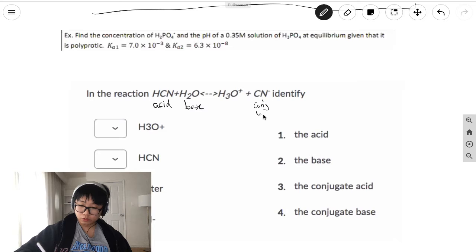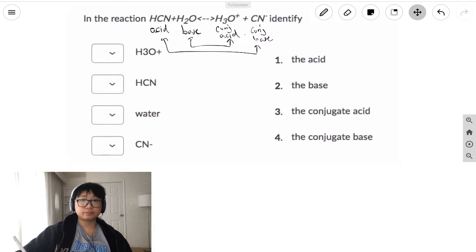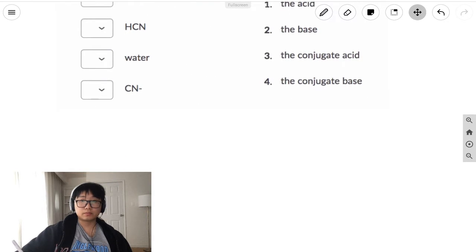Conjugate acid and base are always a pair, and they always differ by one hydrogen. So if you need to verify that, they are different. And then that must be the conjugate acid. All right, it's okay, doesn't matter.